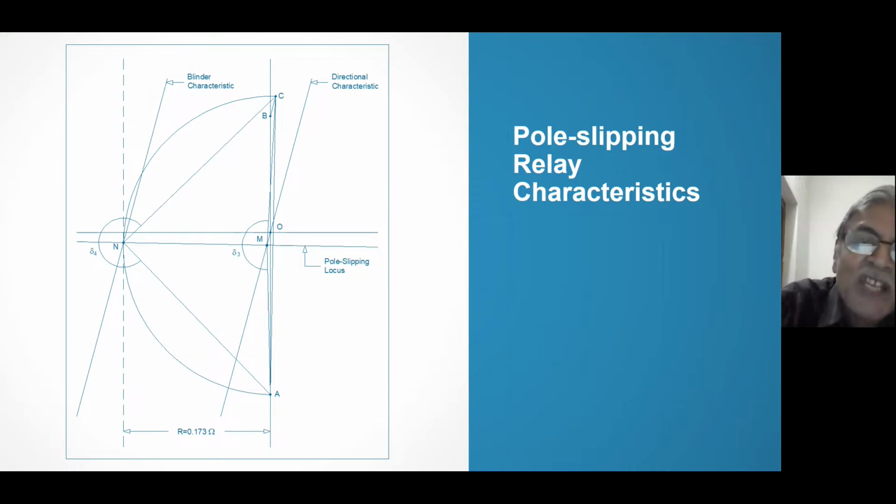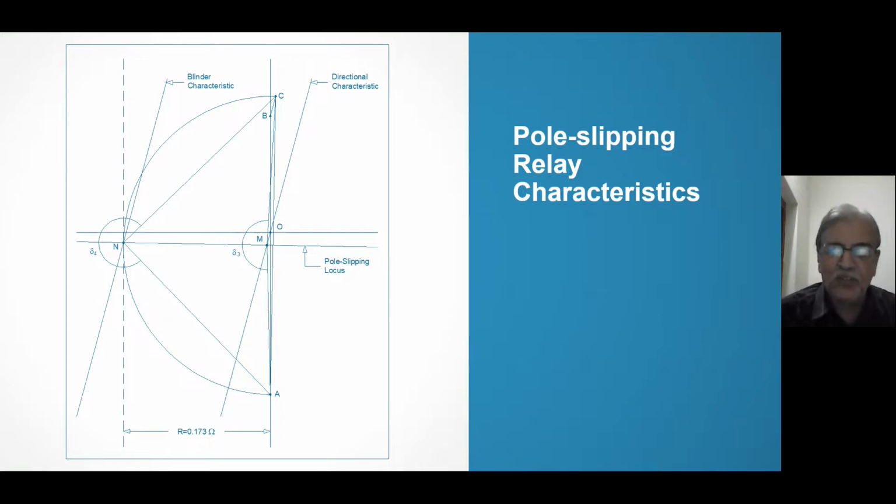And then with AC as a diameter, you draw the half circle, which cuts the pole slipping locus at N. So you get N, and that O to N is what you have to give, because that is to be set. And the blinder characteristic you have to pass from N at 75 degrees. So the blinder characteristic is also at 75 degrees, and the negative resistance reach by the scale that you have selected is 0.173. This is how you can set this pole slipping relay.